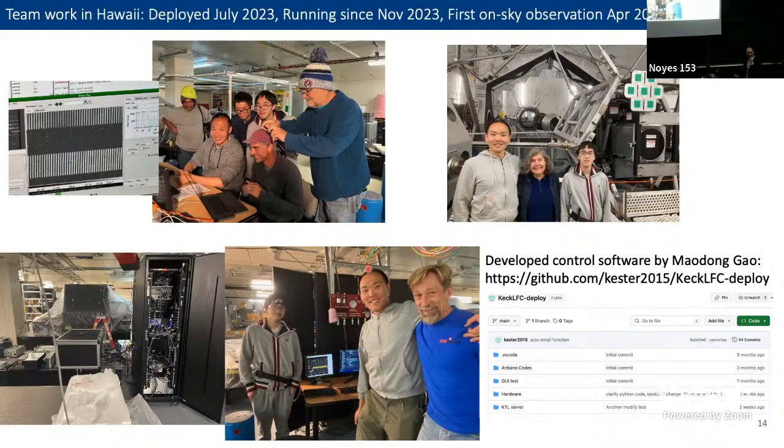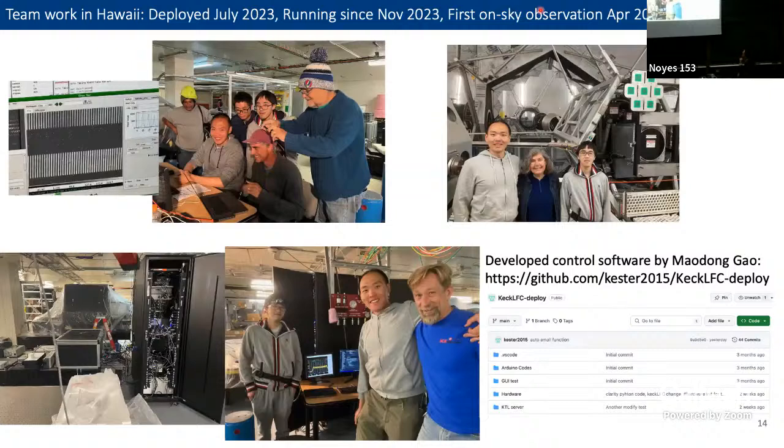This project was launched roughly 2 years ago, and the first deployment trip happened last year in July. It has been running since November 2023, and the first on-sky observation just happened 2 months ago, about April 2024.